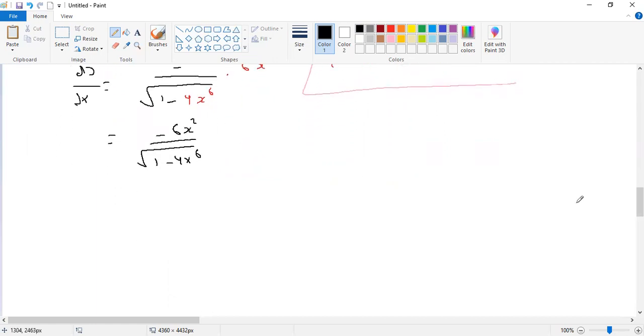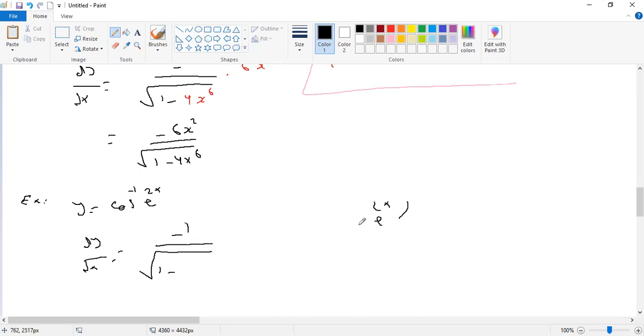Okay, another example. Let us say y equals cosine inverse of e to the power 2x. So now dy dx equals negative 1 over the square root of 1 minus e to the 2x squared, which will be e to the power 4x.